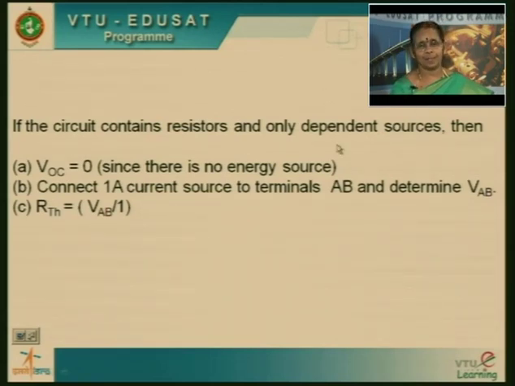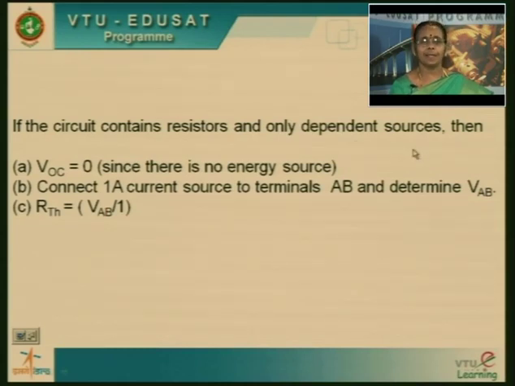Even though you have a dependent source, that cannot be an active network. So you have only the dependent source. In that case, you cannot find the open circuit voltage or the Thevenin's equivalent voltage. A dependent source is a passive element if an independent source is absent in the network.